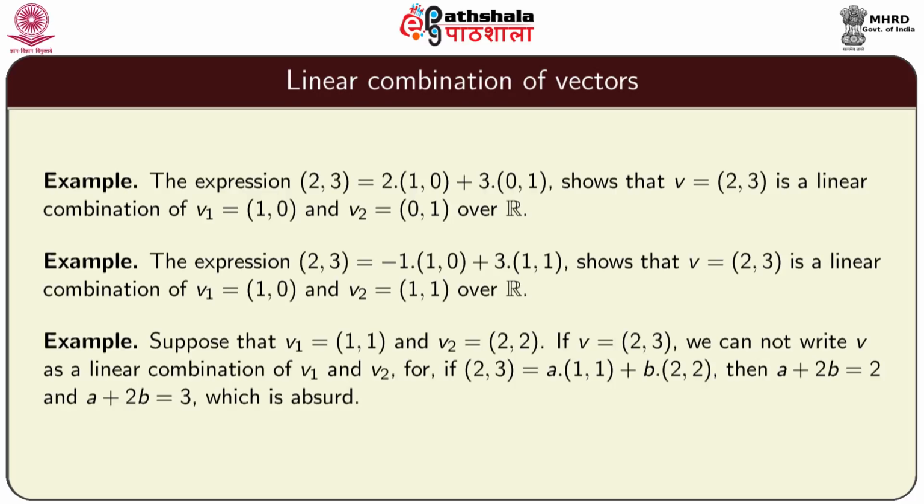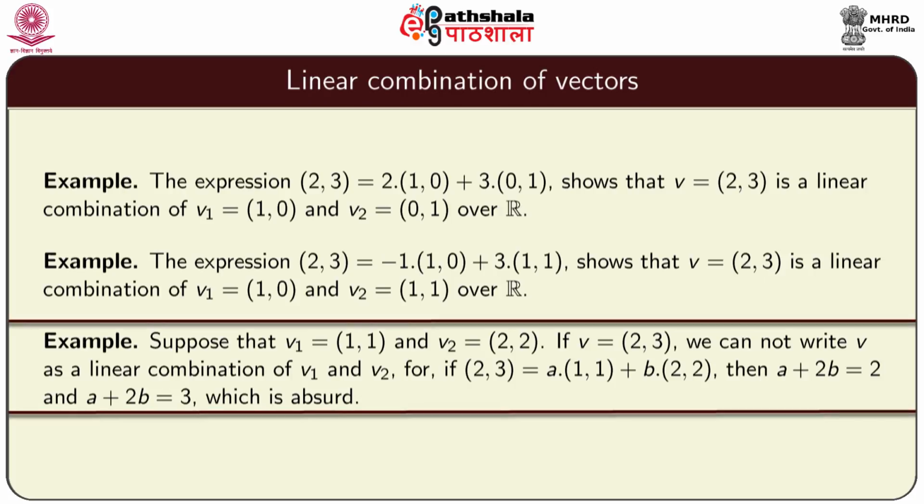The scalars change accordingly. Now, in the third example, we show that the very vector (2, 3) can no longer be written as a linear combination of (1, 1) and (2, 2).